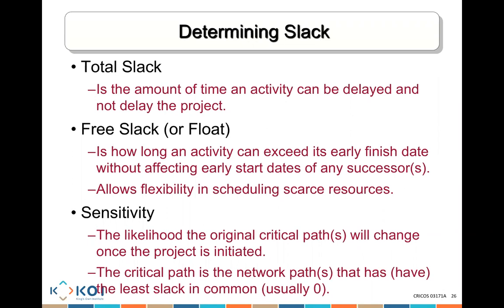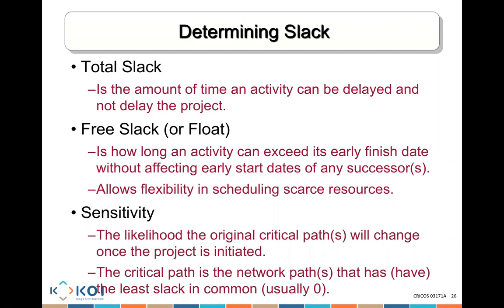What is sensitivity? Sensitivity is the likelihood the original critical path will change once the project is initiated. Sometimes you would find that there isn't a lot of slack available. Because there isn't a lot of slack available, it could impact which activities become a critical path.